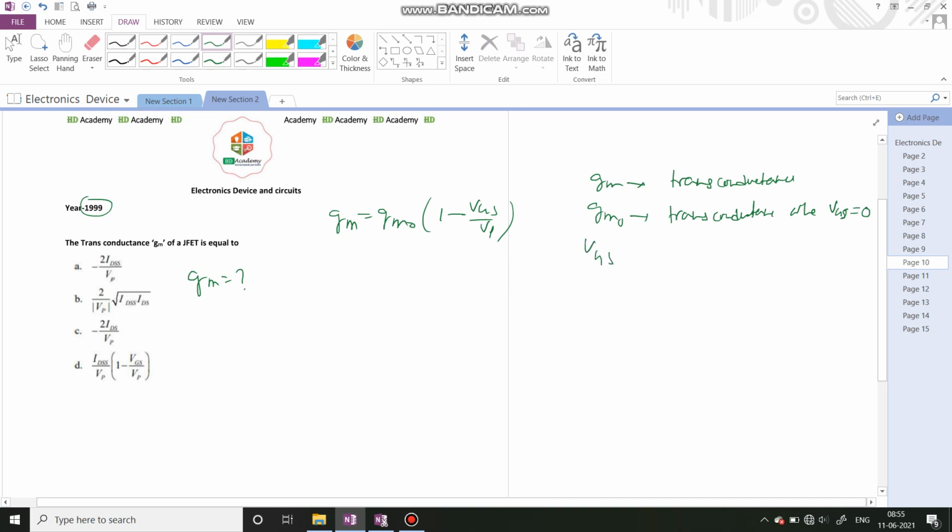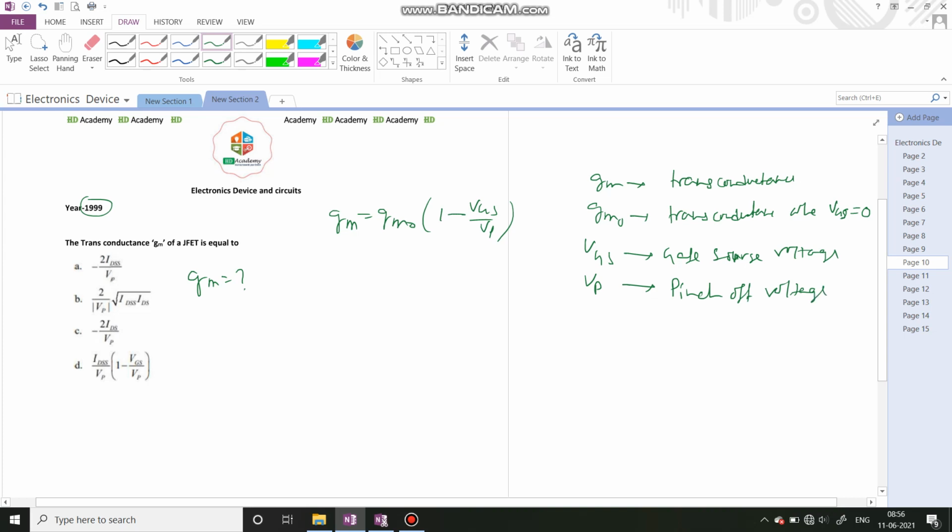And VGS is the gate source voltage, and VP is equal to the pinch off voltage.